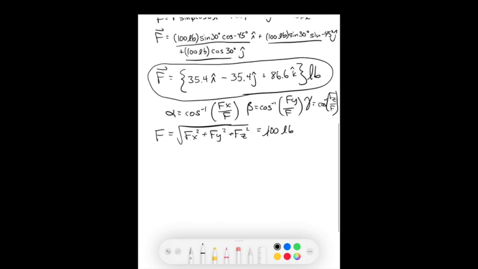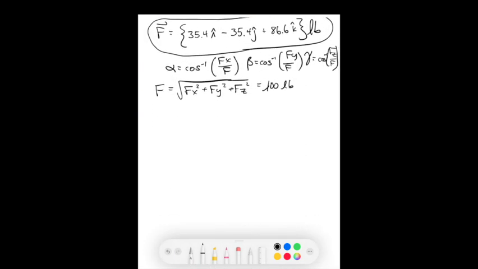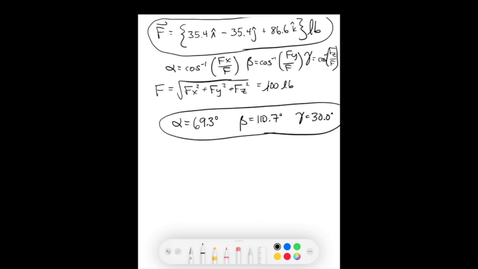So we do that and we can confirm, if we plug our numbers in, that this adds up to 100 pounds, as we were told at the beginning. And next we go ahead and plug in our values. When we do that, we find that alpha is equal to 69.3 degrees, beta is equal to 110.7 degrees, and gamma is equal to 30 degrees. And that's it.